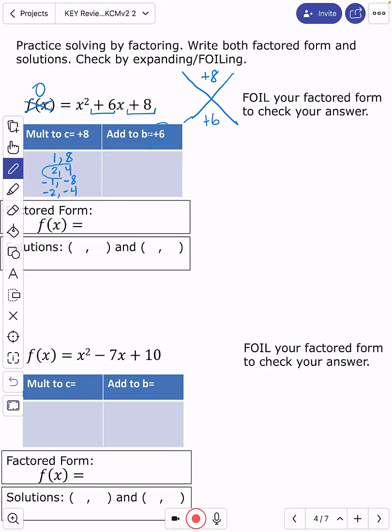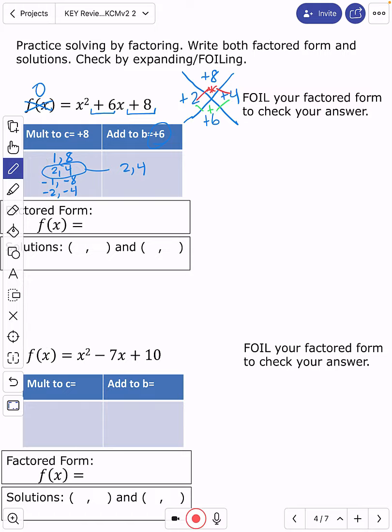And so we can see pretty easily that the two factors 2 and 4 multiply to be 8 and add to be 6. And you can see that in the x pretty easily. So if we have 2 times 4, we get plus 8, and if we take plus 2 and we add plus 4, we get plus 6.